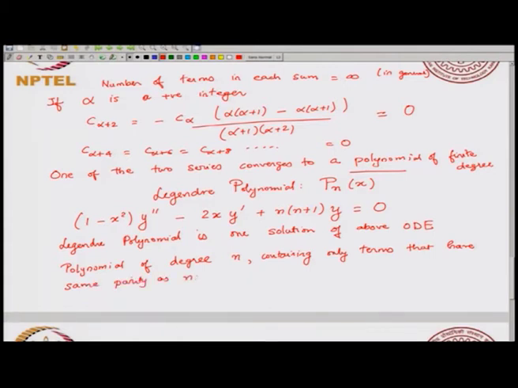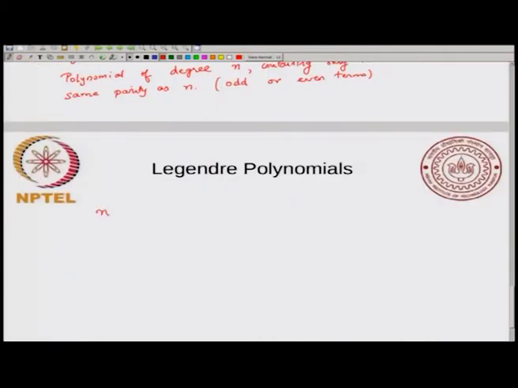So what I mean is that it contains only odd or even terms. For example, if n is even, then Pn will have terms that contain x to the power 0, x to the power 2, x to the power 4, and so on up to x to the power n.